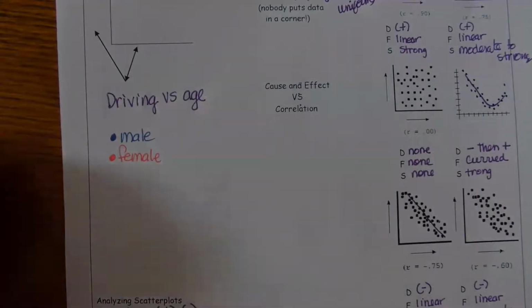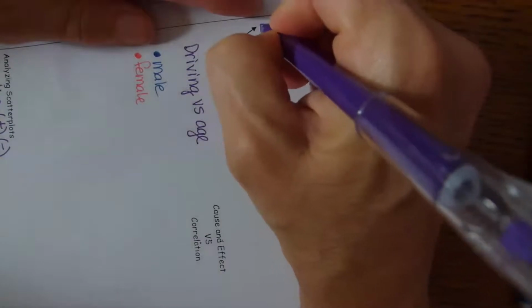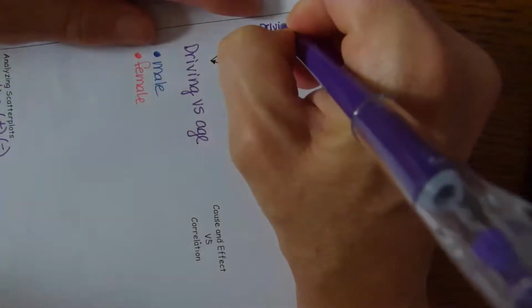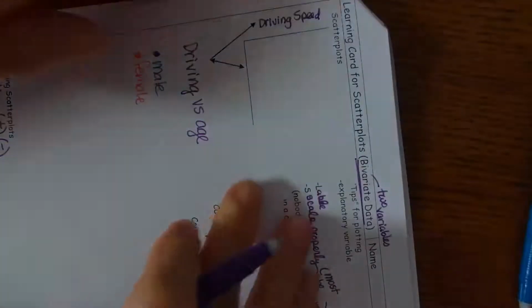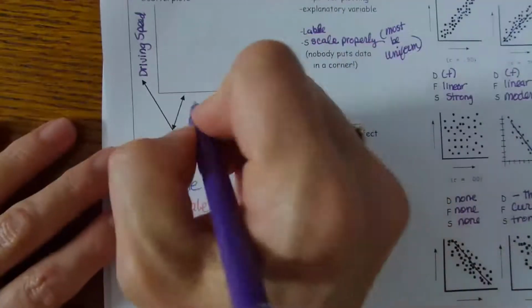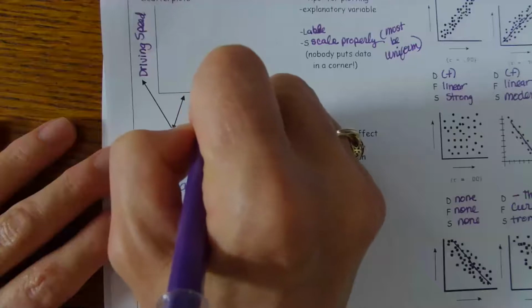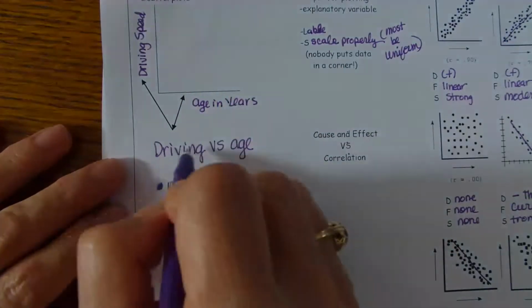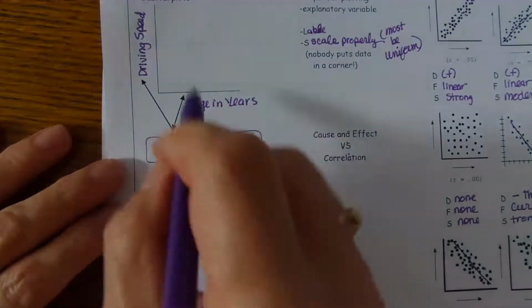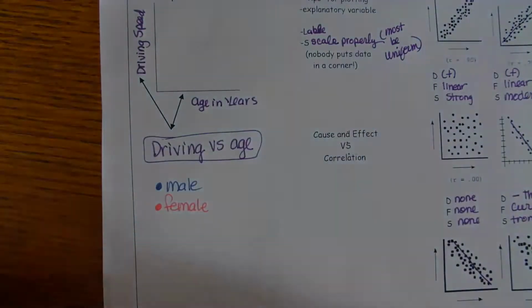So let's say that this is driving speed. And this is age in years. Here's the title of my graph, although it's down here instead of up there because I don't have room.